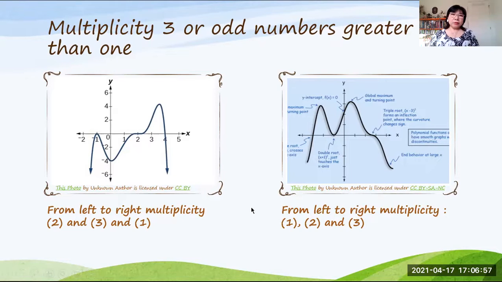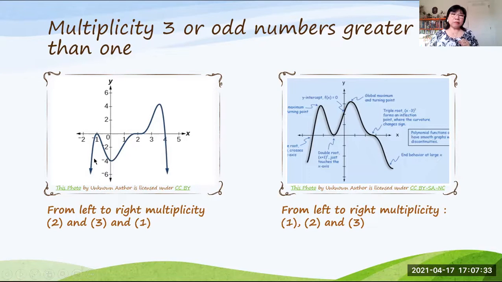Now, the second point I would like to mention in this slide is you will pay attention to the direction of the polynomial function. If the polynomial function has an even degree, then the direction is the same for the ending behavior. So you can see that the function starts from quadrant 3. If you have 4 quadrants for the coordinate, you name this quadrant 1, quadrant 2, quadrant 3.